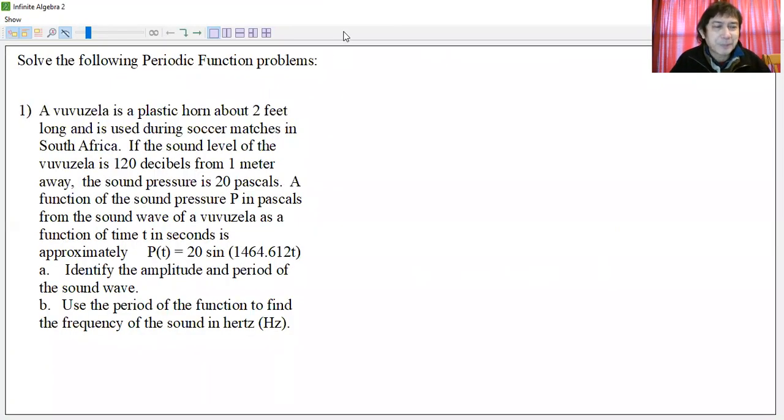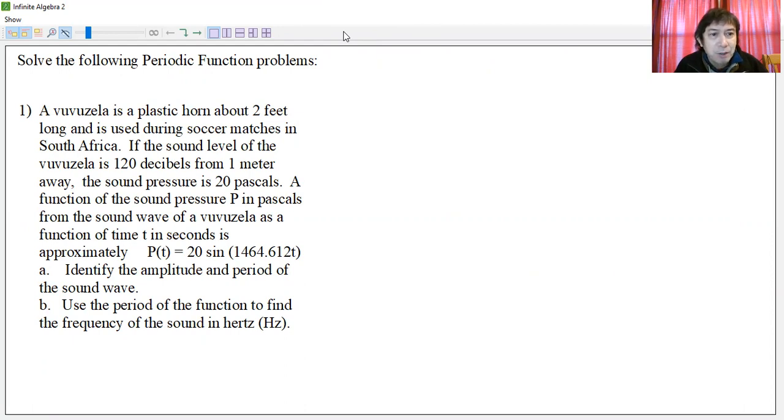Here's the first one. A vuvuzela is a plastic horn about 2 feet long and is used during soccer matches in South Africa. If the sound level of the vuvuzela is 120 decibels from 1 meter away, the sound pressure is 20 pascals.